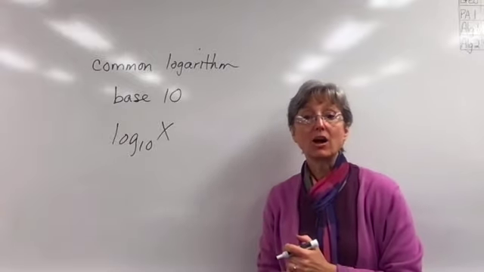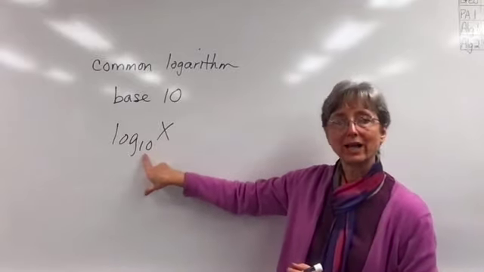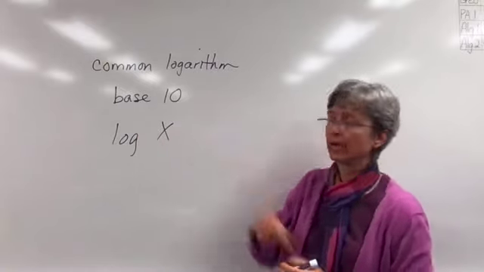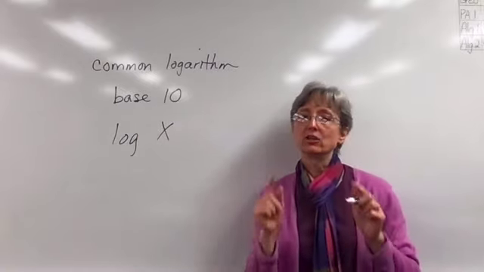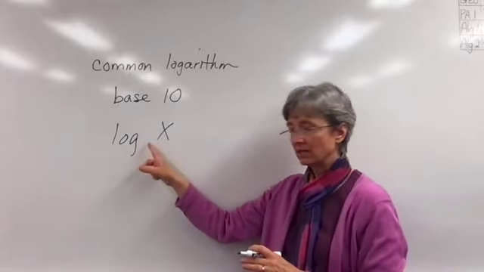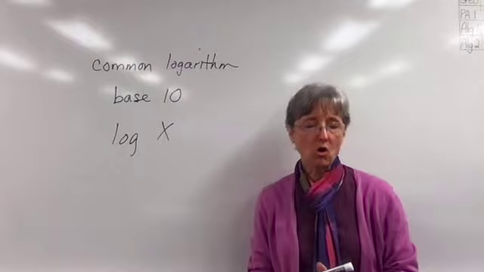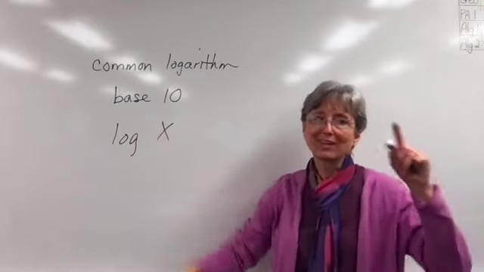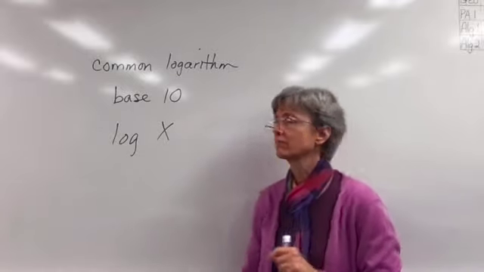And since it's a common log, we don't even write the number 10. So if you see log x with no base, then you know it's the common log, and the unwritten, invisible base there is always a 10.